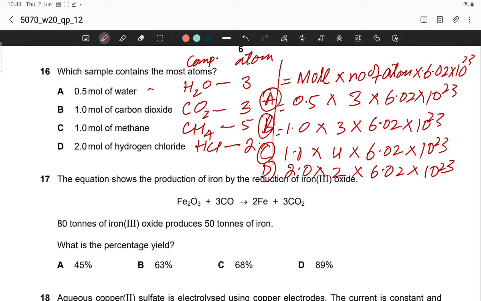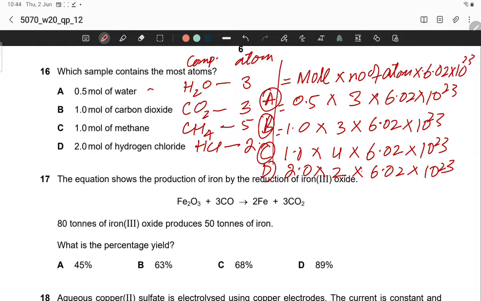Into 3 into 6 into... this is 9 into 10 raised to 23.